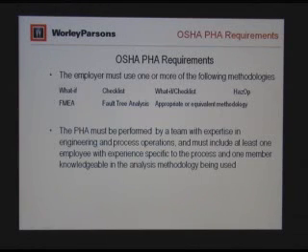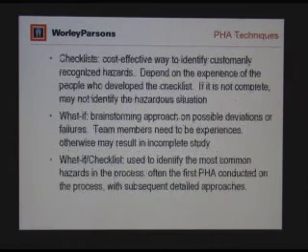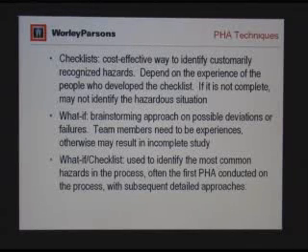And so we're going to talk about the mentioned methodology in PHA. And the first one is the checklist. Basically, it's just like any checklist. There's a list of the items you need to check for to see if it is safe for a process.